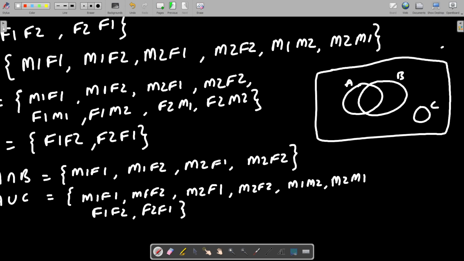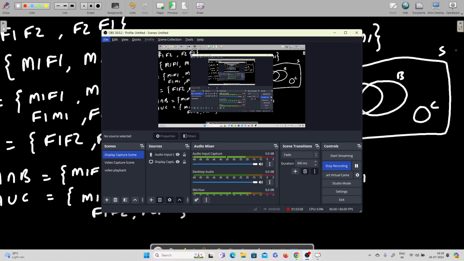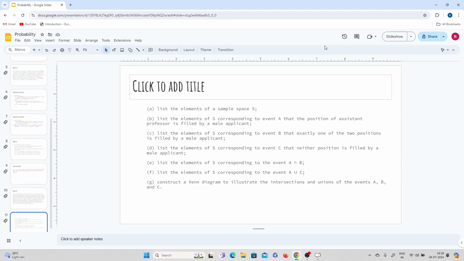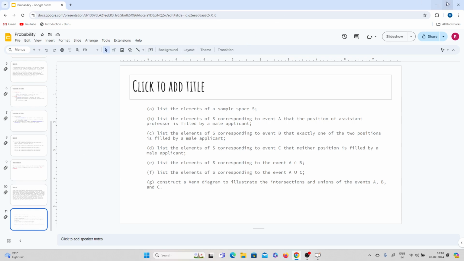Okay, so this will have your diagram look like. Okay, so we'll stop with this. That's all for today.